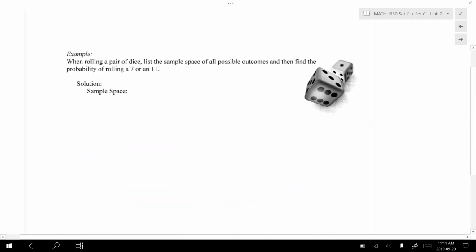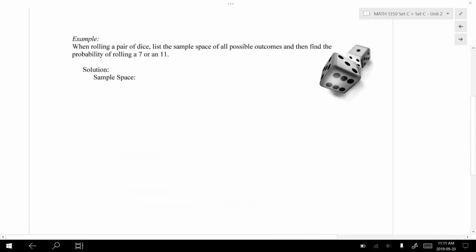Let's press on here. Let's do this next example, this dice game. We're going to roll a pair of dice, and we will list the possible outcomes and then find the probability of rolling a 7 or an 11. So we have seen this sample space before.